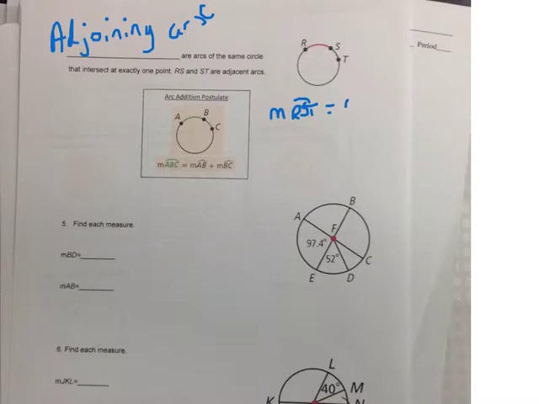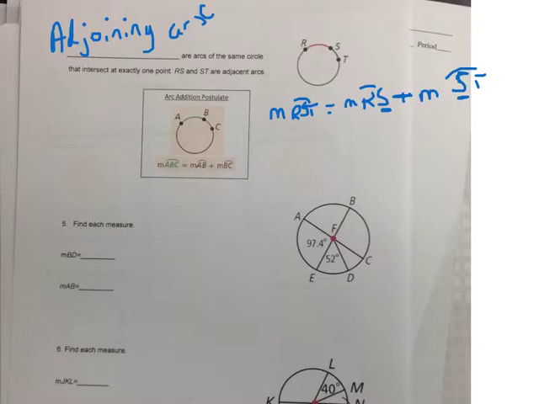It's the measure of arc RS plus the measure of arc ST. And if you look, one ends at S and then the other picks up at S. So right here they've marked it for you in the box, arc addition postulate. That's something you could put in your proof book. The measure of arc ABC is the measure of arc AB plus the measure of arc BC.